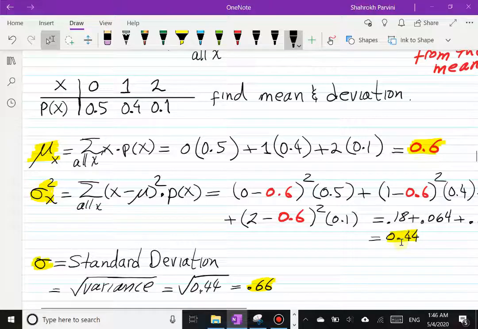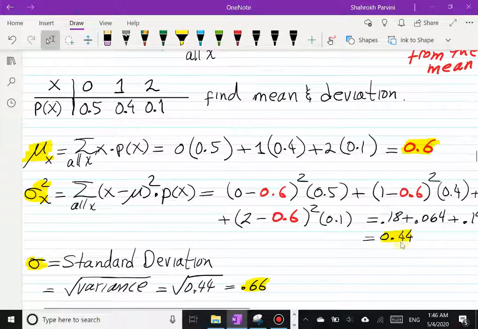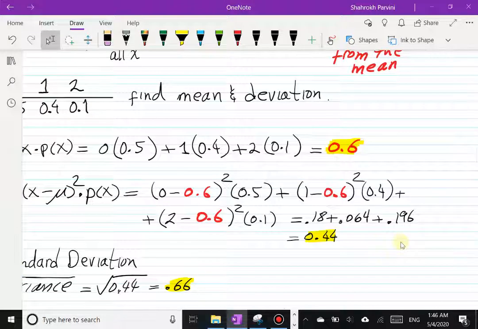Now, to put it in context of our made-up example, what does mu tell me? 0.6. That means on average, I would expect to see 0.6 accidents on a given Friday. Okay, that's what that literally is. This is actually a count: accidents per Friday.